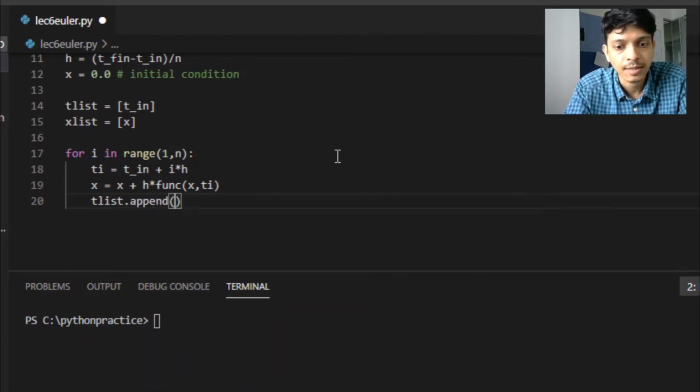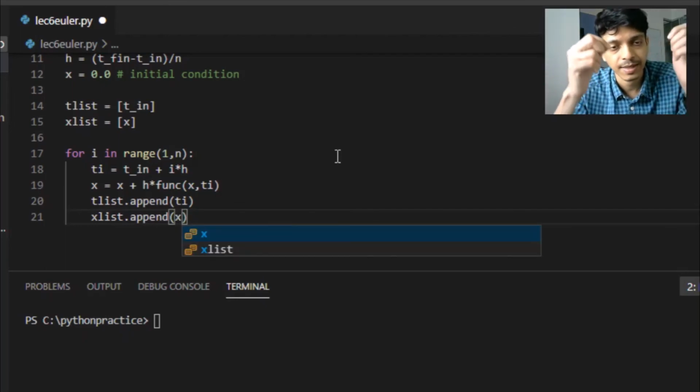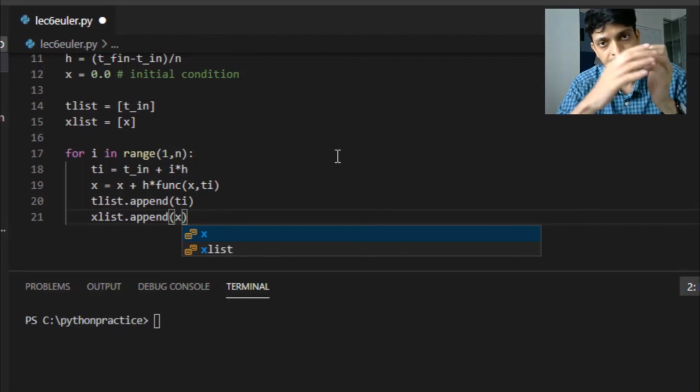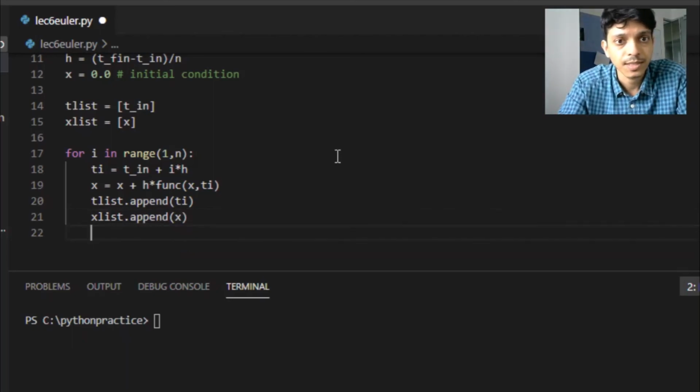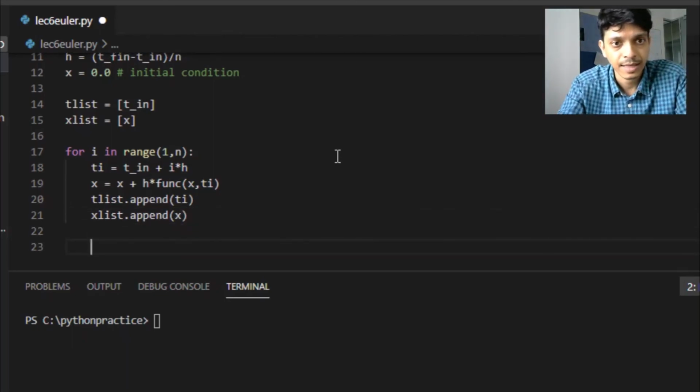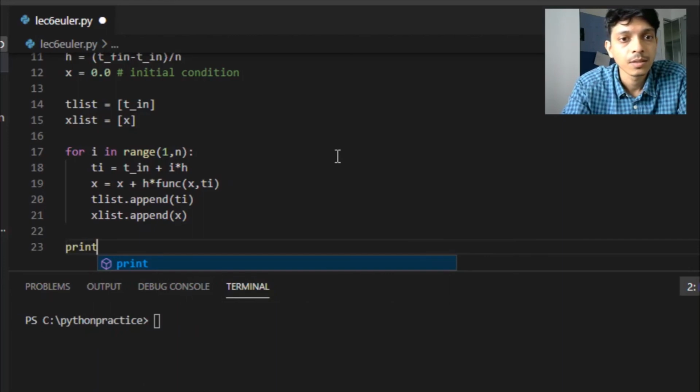To the t list, I'm going to append this value ti, and to the x list, I am going to append the value x. So basically, it's like an array, but I keep adding one element to it each time. With every iteration, I extend the array to add the next point. By the end of this process, I have n elements in my t list and my x list. And let's see what they look like.